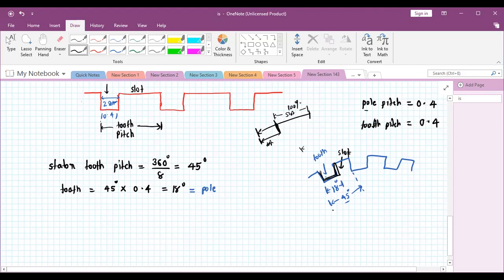So you can say pole as well as tooth. This concept is clear or not? It is.